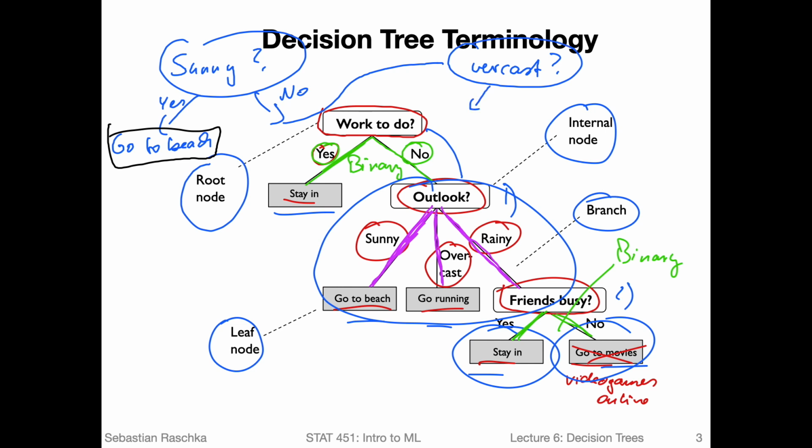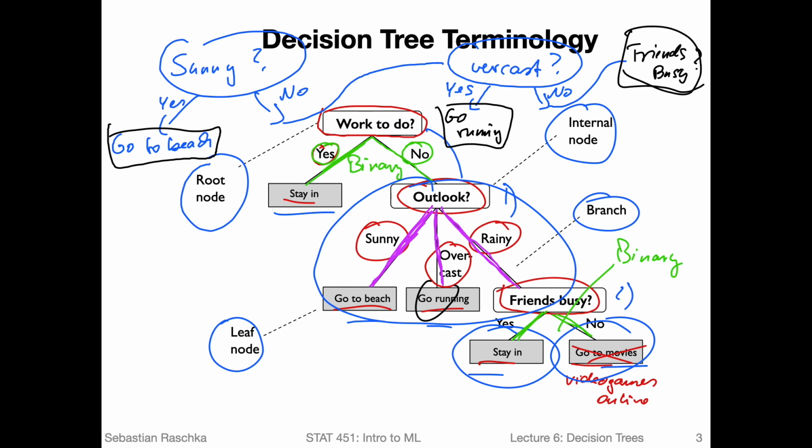So again, we have yes and no. If the answer is yes, we can say go running. And if it's no, basically, then we know it's already rainy, right? So we don't have to include a node for rainy here. So if it's no, we directly go to the next question. That would be friends busy. So now we are basically here. In that way, we can convert a categorical split into multiple binary splits.